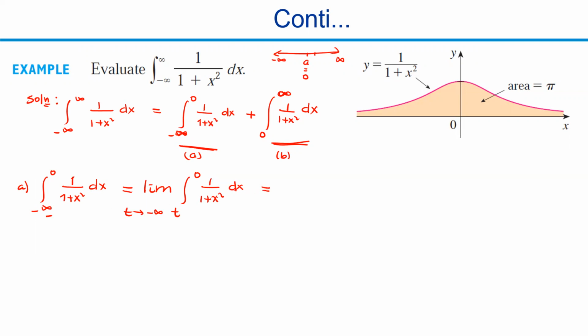Now, what is the integration of 1 over 1 plus x squared? Do you remember the antiderivative of 1 over 1 plus x squared? I think everybody must know this. The integration of 1 over 1 plus x squared is simply the tan inverse, the arctan function, tan inverse of x. So t goes to minus infinity, but I should evaluate tan inverse on t as well as 0.